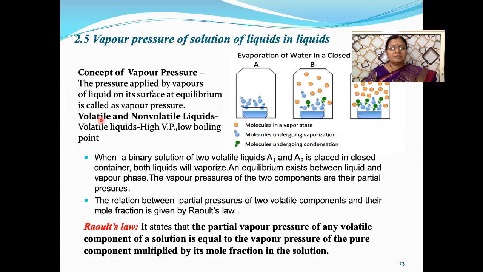Non-volatile liquids cannot easily vaporize under normal conditions. Volatile liquids can easily vaporize because the intermolecular forces of attraction are weak, whereas non-volatile liquids cannot easily vaporize as they have strong intermolecular forces of attraction.